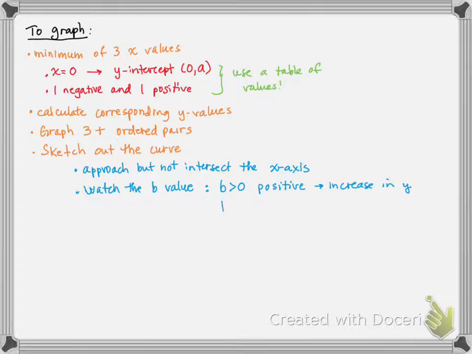Now, if b is a fraction, okay, so again, if b is positive, we're talking about growth. It's a growth function. But if b is a fraction, then there's going to be a decrease in y, or a decay. Okay? All right, so I'm going to go to my next screen, and I'm going to graph.